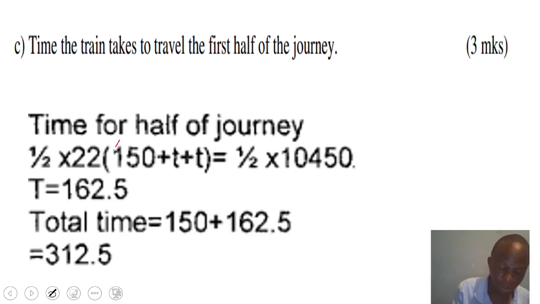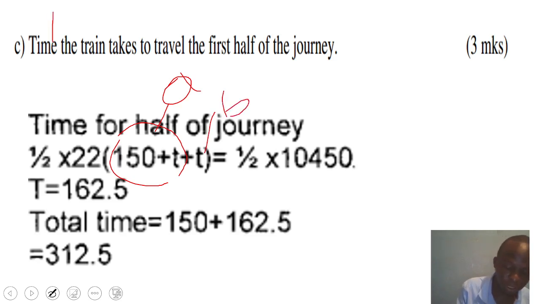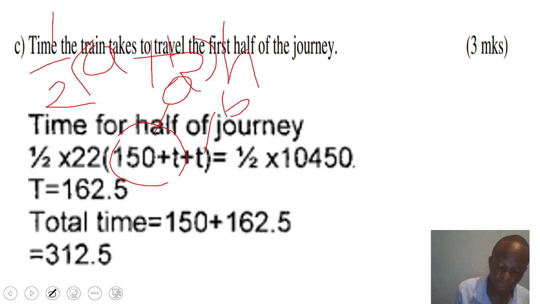Now let me highlight that. Now we have said that you are going to use the formula of the trapezium. Let that be a, and let this single t be b. So the area of a trapezium is half (a plus b) times h. Our h is already 22. This is our h, this is our a, and this is our b.